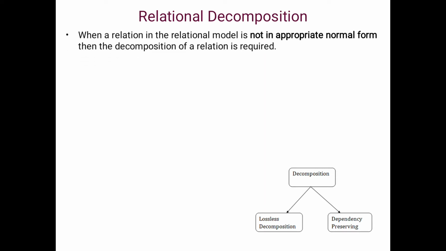Definitely the decomposition is applied on relational tables only. When a relation in the relational model is not in an appropriate normal form, then definitely we will apply the decomposition. What is the meaning of normal form, what are the different types of normal forms, and how we convert a particular relational model into a particular normal form, we already discussed in the previous sessions.